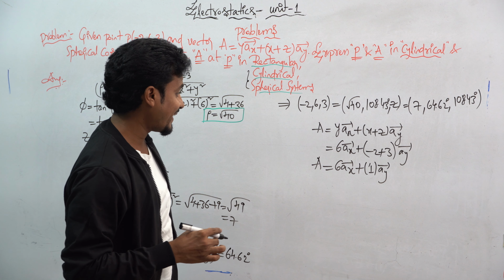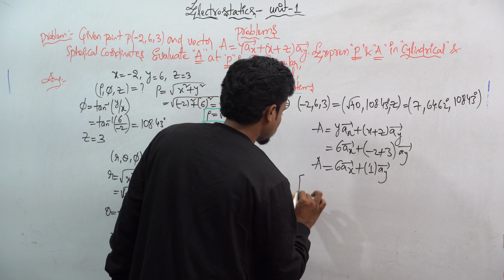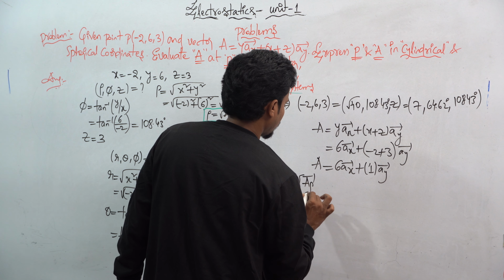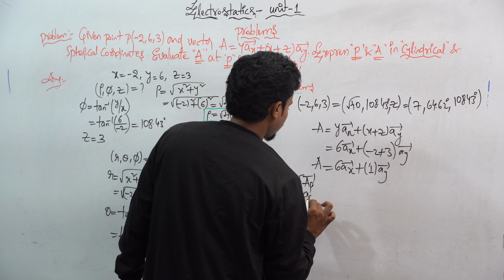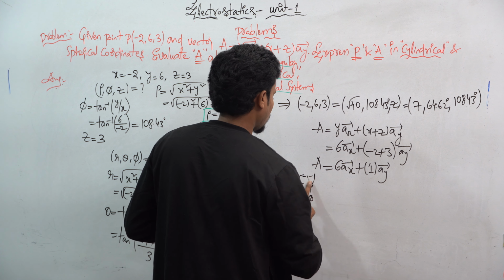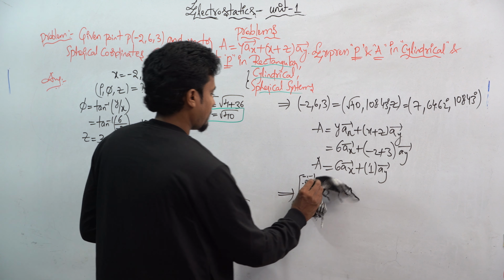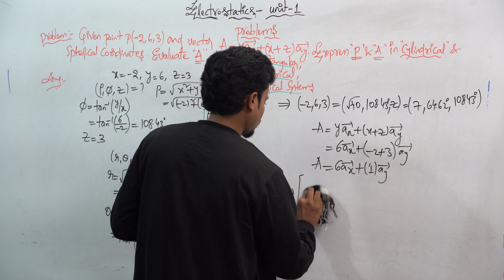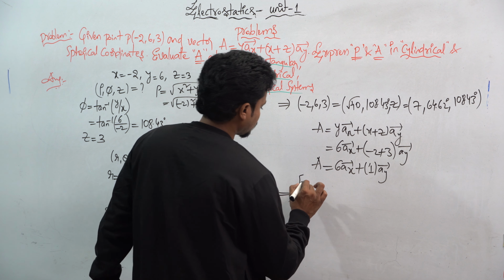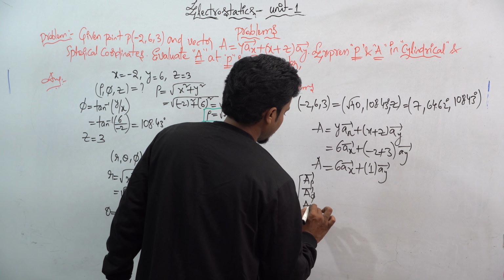Okay, put it in the matrix form. What will be the formula for the matrix form? Arho, Aphi and Az.